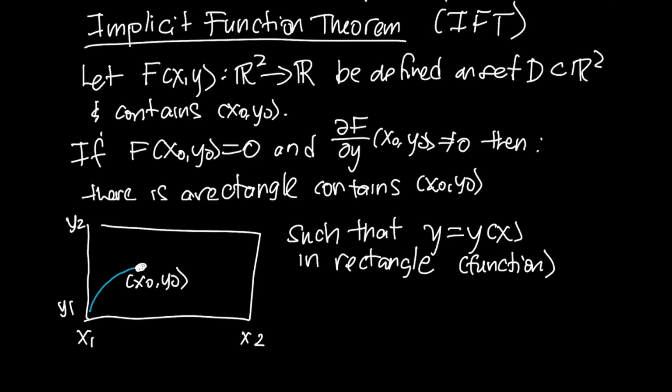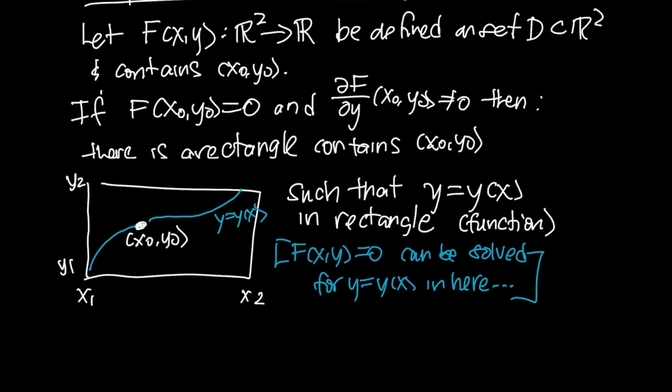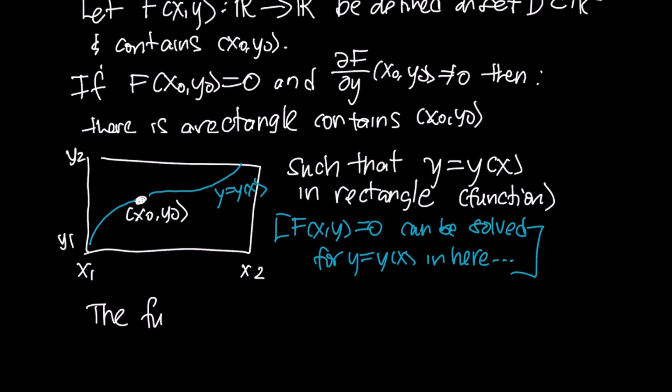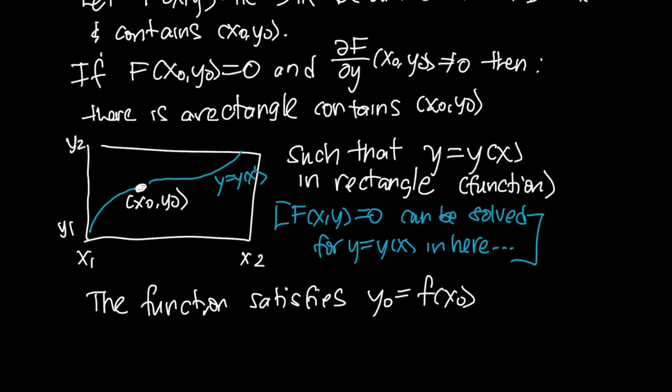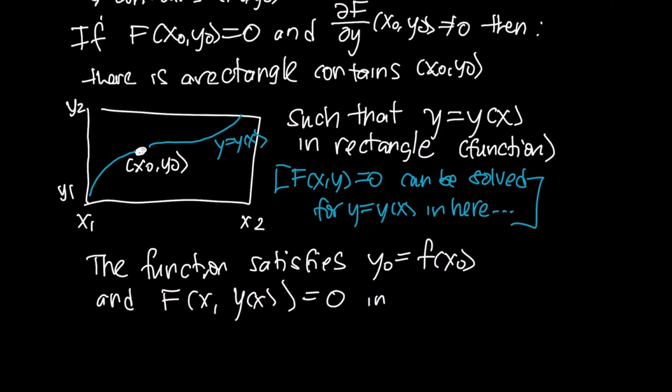And in terms of a picture, we've got y passing the vertical line test, y equals y of x, so it can be written as a function. The function satisfies that y naught is the value that you would get when you plug x naught into that function, and it also satisfies the original equation, and this would happen all within this rectangle.